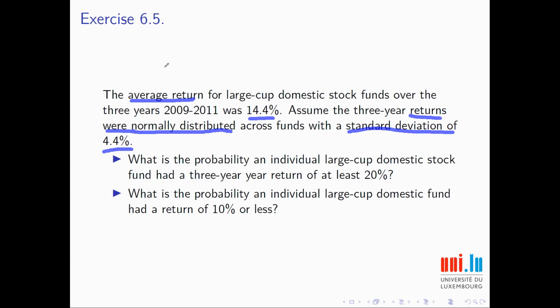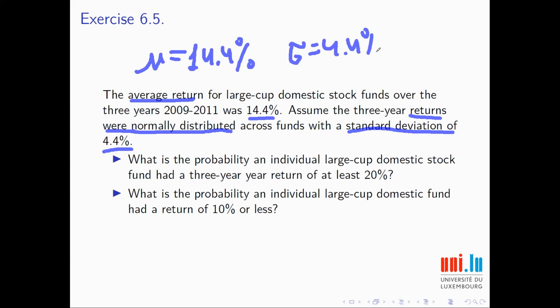So immediately jot it down: the mean is equal to this value, the standard deviation is equal to this value, and that our random variable, in this case the return of our fund, is normally distributed.